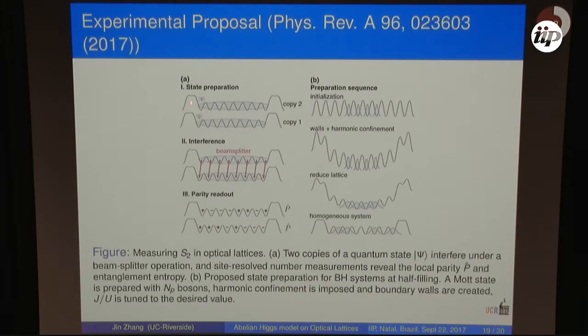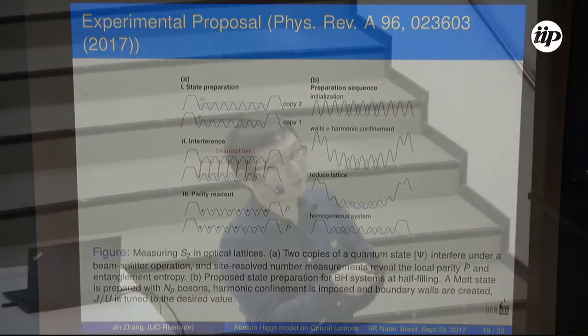Okay, so this graph is to show how we can measure the entanglement entropy, the second order Renyi entropy. So we prepare 2 copies of the state. The 2 copies are the same. Then we do a beam splitter operation. Then finally we measure the particle number for one copy. So this is the theory.